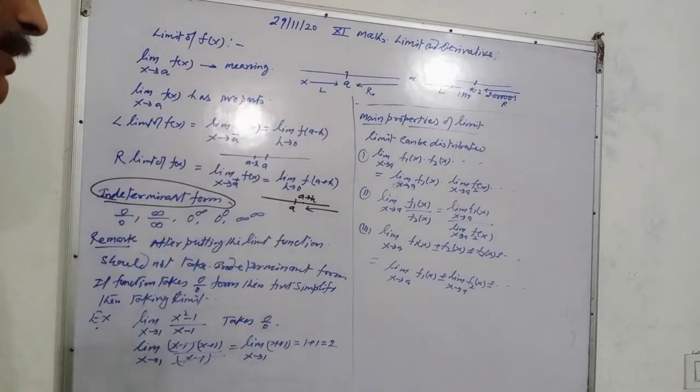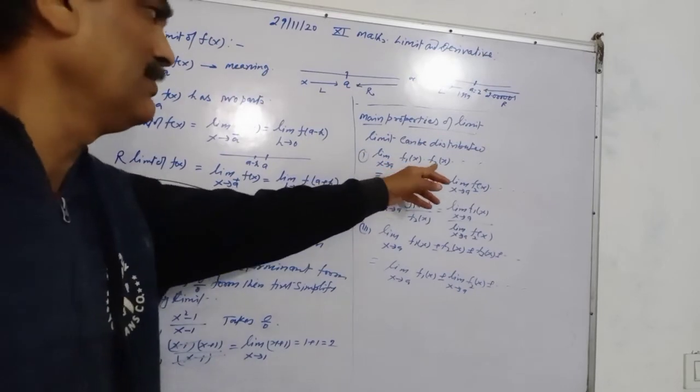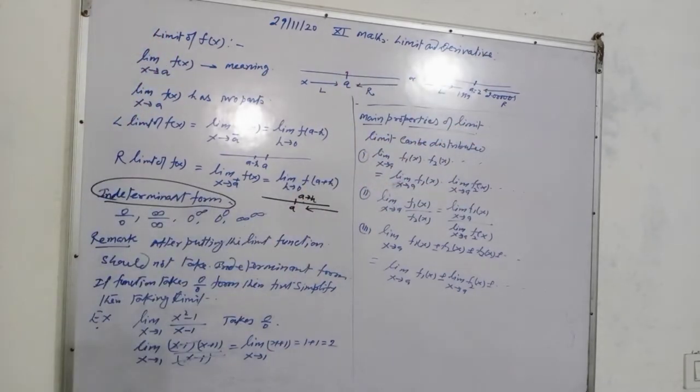Now, the main property of limits is that they can be distributed. Suppose you have a product of many functions, f1(x), f2(x) and so on, and the limit x tends to a.